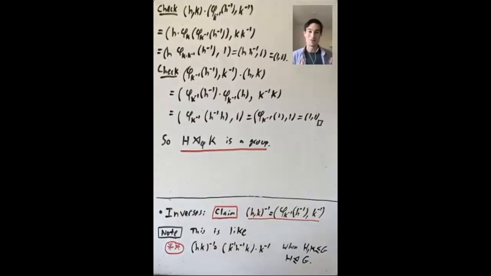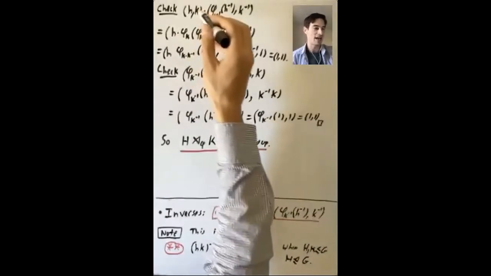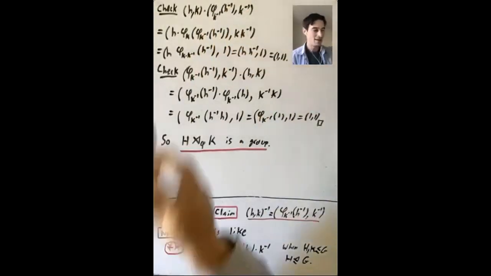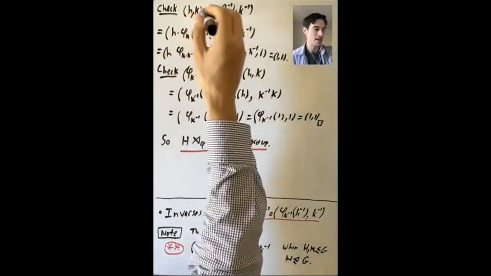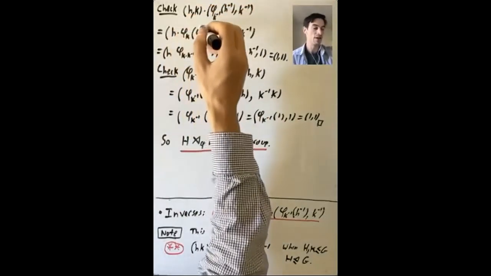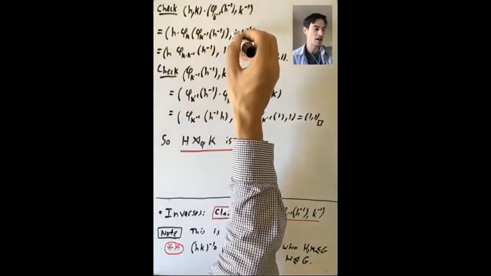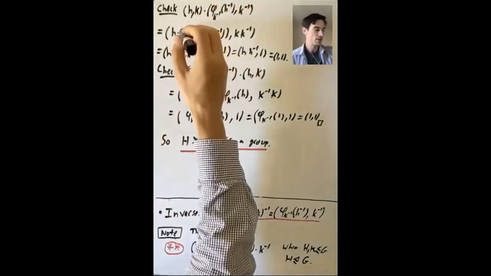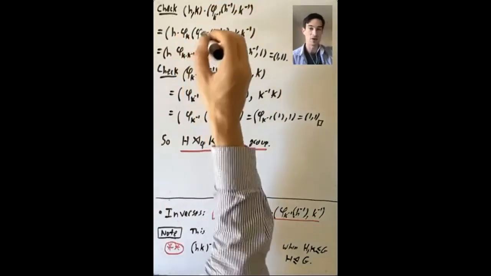Let's finish this proof that our semidirect product actually is a group by checking that this formula I wrote down for the inverse of the element (h, k) really does satisfy the things that you need to be a two-sided inverse. So let's just check what is (h, k) times (φ_{k^{-1}}(h^{-1}), k^{-1}). Well, it's h times φ_k applied to this element. So φ_k of φ_{k^{-1}} applied to h^{-1}, comma k^{-1}. Okay, but what is φ_k of φ_{k^{-1}} of something?